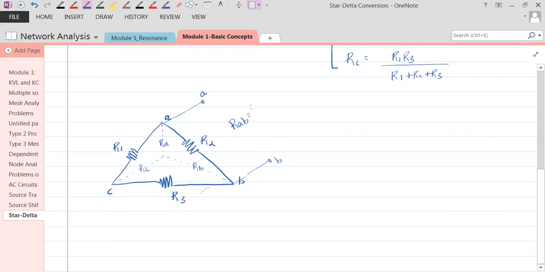What is RAB across points AB? Looking into terminals AB, what is RAB? We can write this in this format. Everybody just observe.